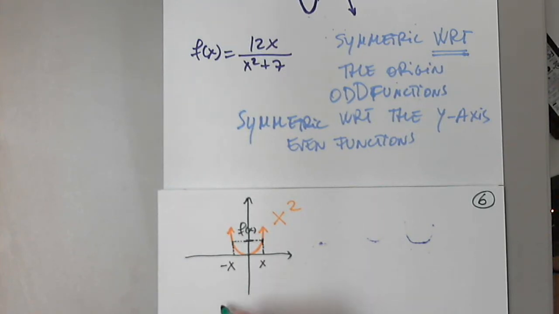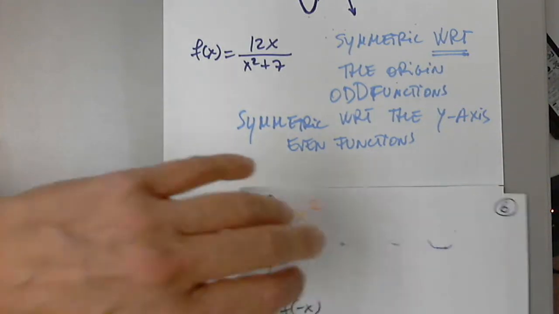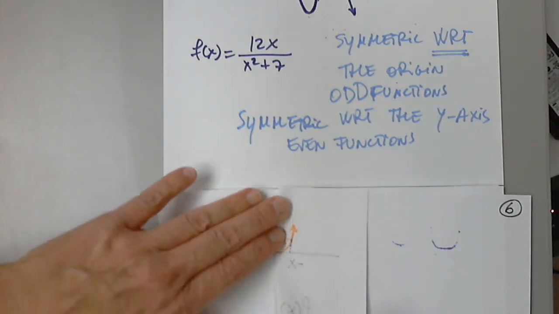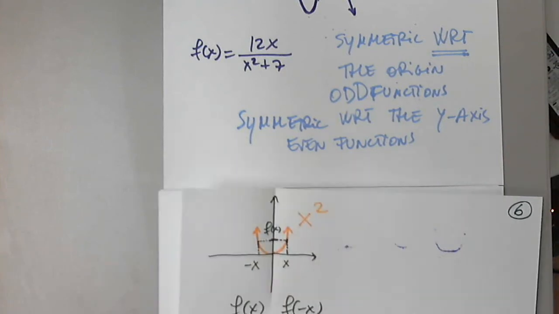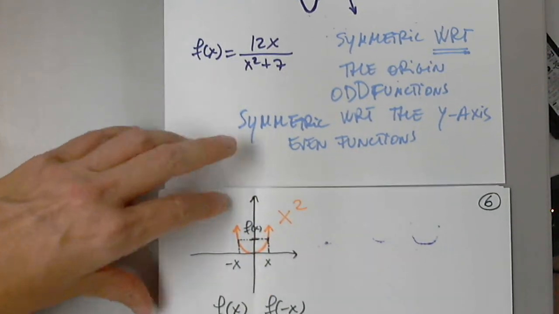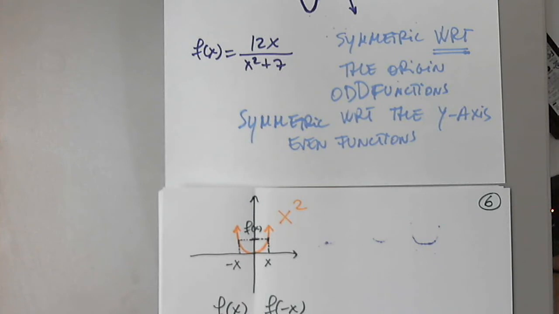And I would like you to tell me the relationship between f of x and f of negative x, because I can fold this graph with respect to the y-axis. It will be a complete overlap. So then what will you say the relationship between f of x and f of negative x is? They're equal.